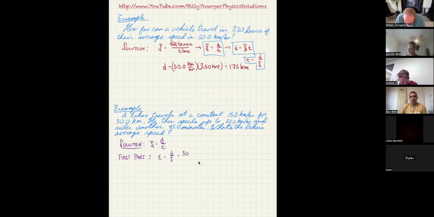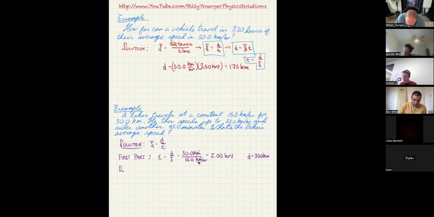So I'm going to take that 30.0 kilometers and divide it by 15.0 kilometers per hour. From that, you can see the kilometers cancel out, and I'm ultimately left with 30 divided by 15 is 2.00 hours. And the distance traveled is equal to 30.0 kilometers, because we're going to need that for the first part and the second part so we can figure out the total distance and the total time.